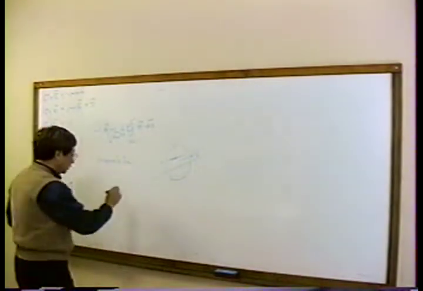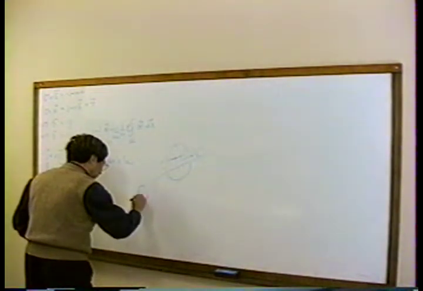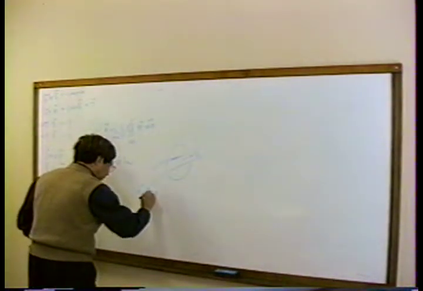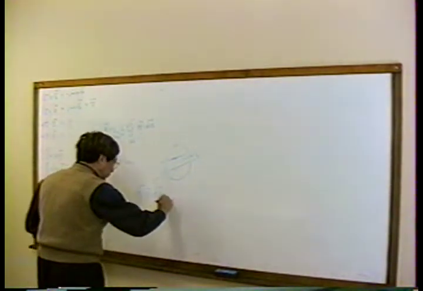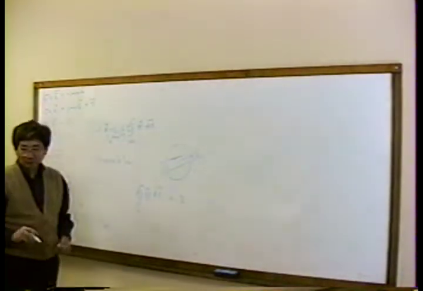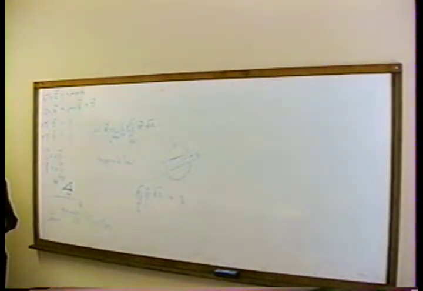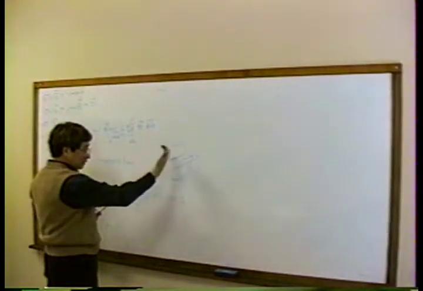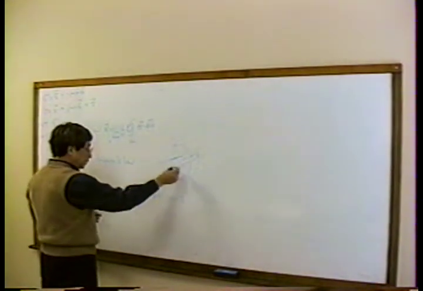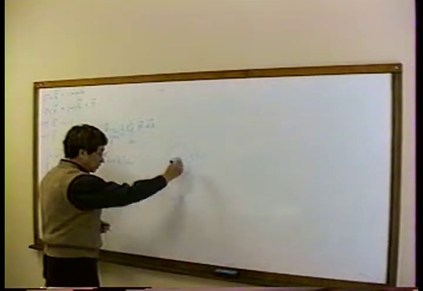This is the magnetic field lines H. So the integral of H dot dl along here is equal to the current enclosed.